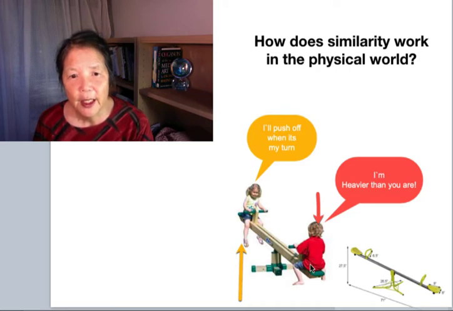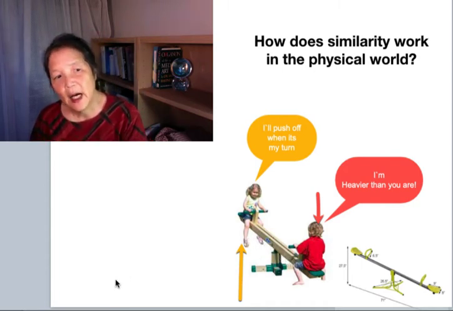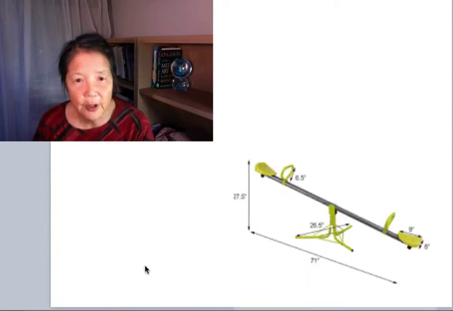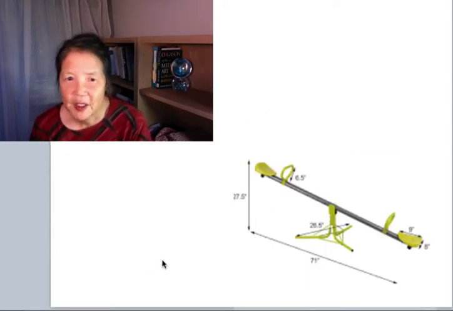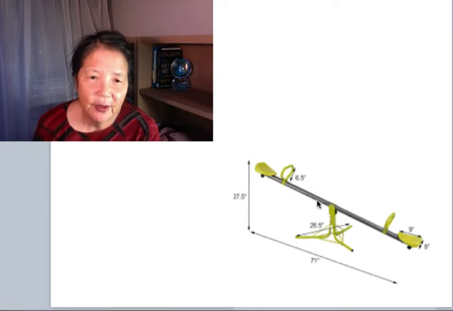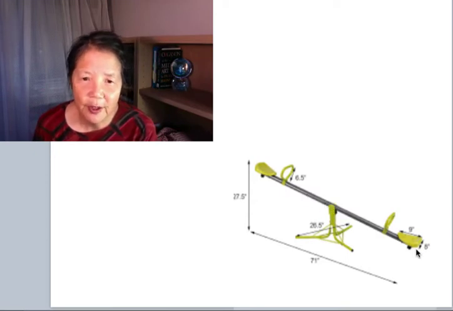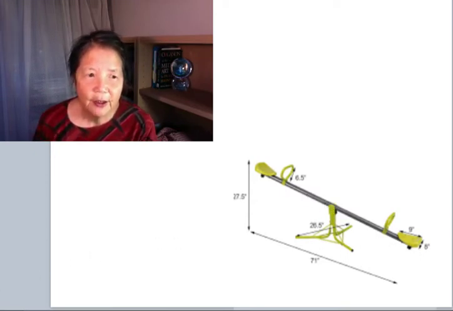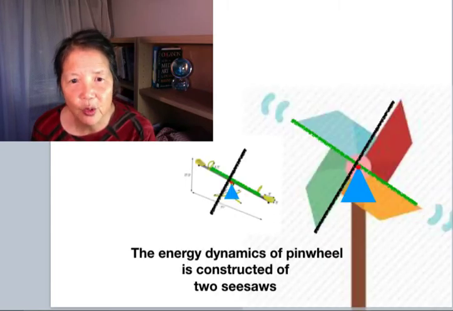So the weight of these two children controls how much the seesaw is going to move. This is a physics kind of problem, right? It also depends on how long this one is compared to that one, and you've all had that kind of problem introduced to you at school.